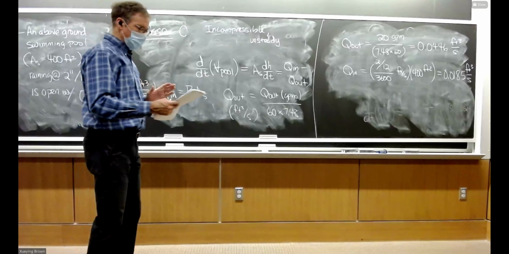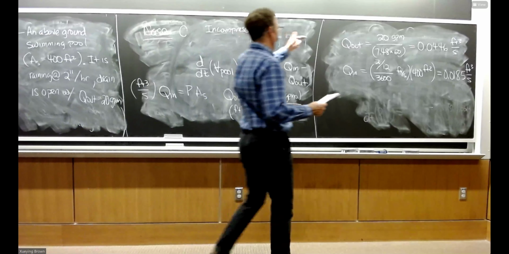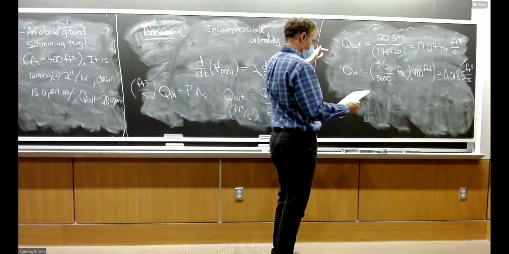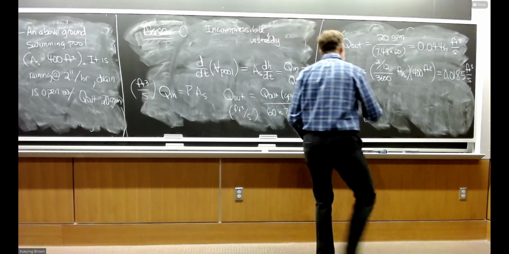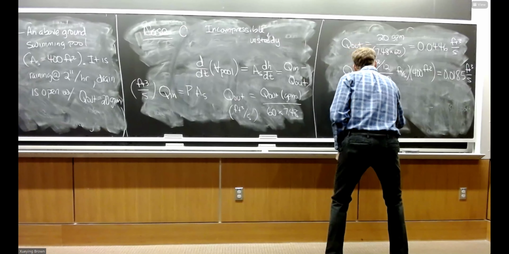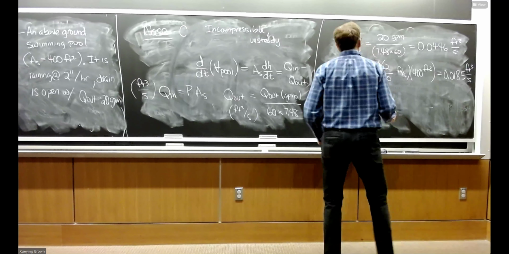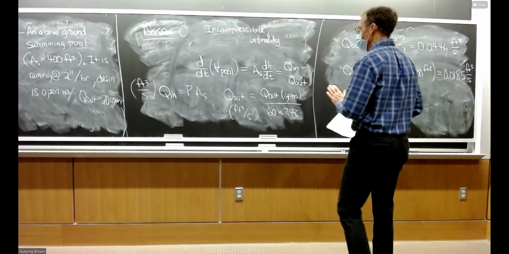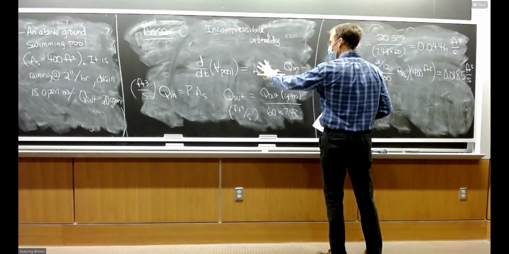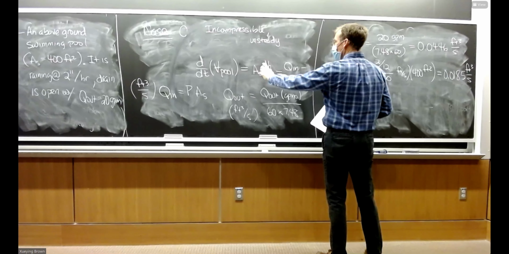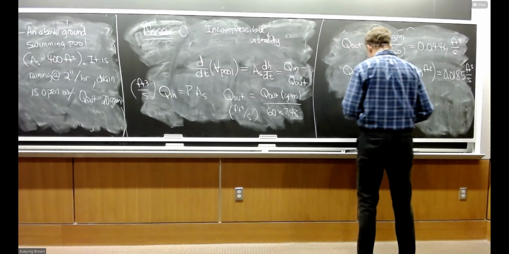Okay, and so there's our inflow and outflow, and then we can write an equation for dH/dt by just taking this and moving the surface area over to the right-hand side.